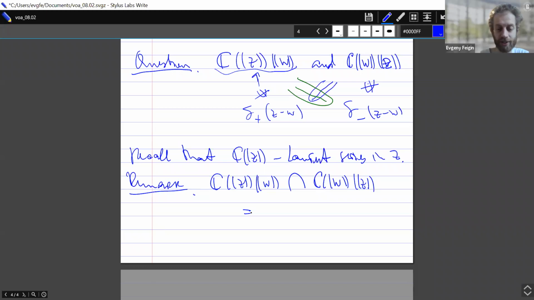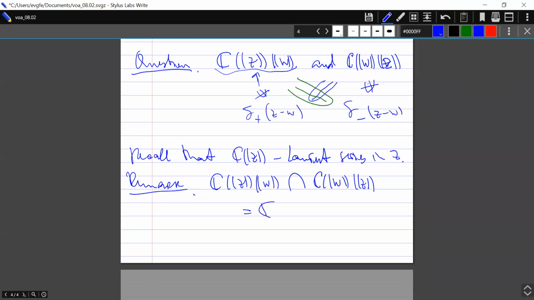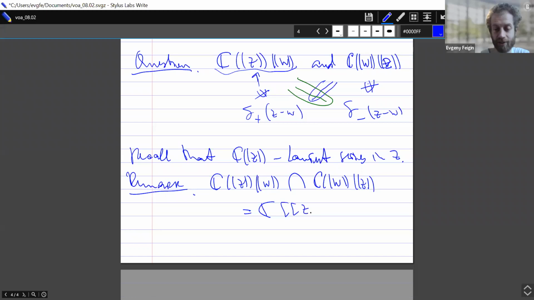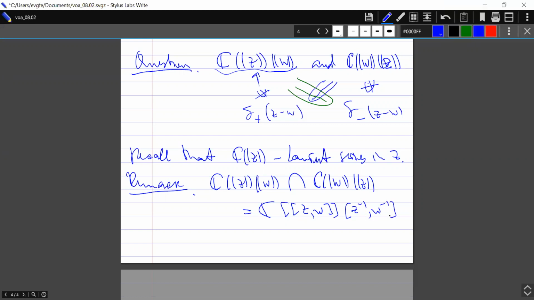So once again, this should be series in Z, W, formal power series, yes? So we got no restrictions on the positive powers, but as for the negative powers, we have just polynomials in Z inverse and W inverse. Is that fine? Okay.